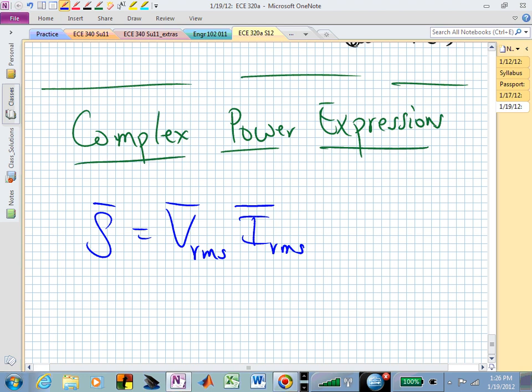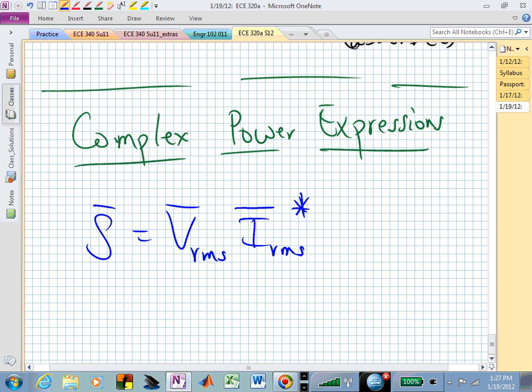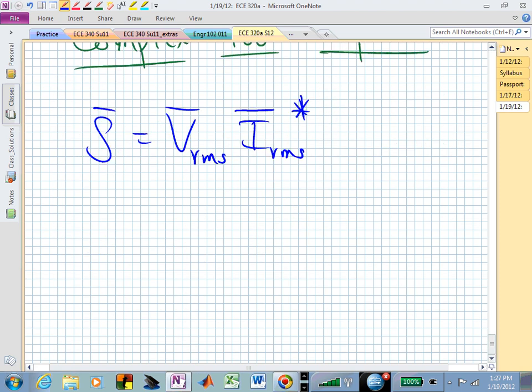I need to conjugate the I. So that's how we started, but as I suggested before, we could rewrite voltage in terms of the current and the impedance. So I could say that was Z I RMS times I RMS star.